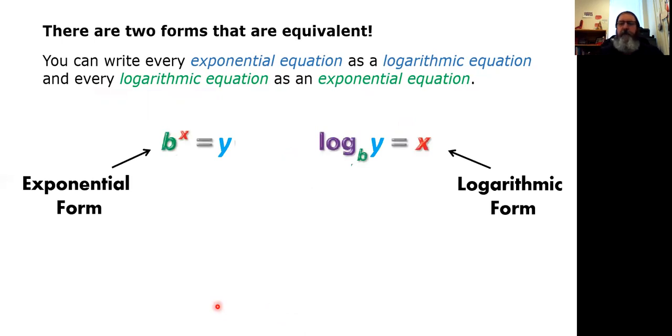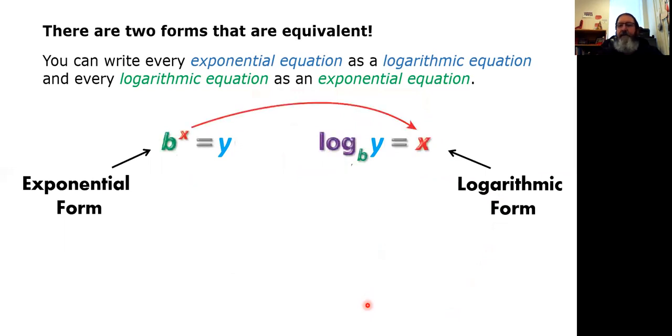So you look at this. Here is the exponential form: b to the power of x equals y. That's our exponential form we were just looking at. Here is our log base b of y is equal to x. That's our logarithmic form. As I pointed out a minute ago, the base here and the base here are the same green letter. The x here and the x here are the same red letter. The y here and the y here are the same blue letter.